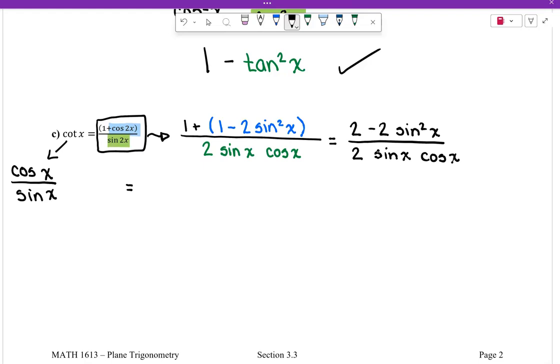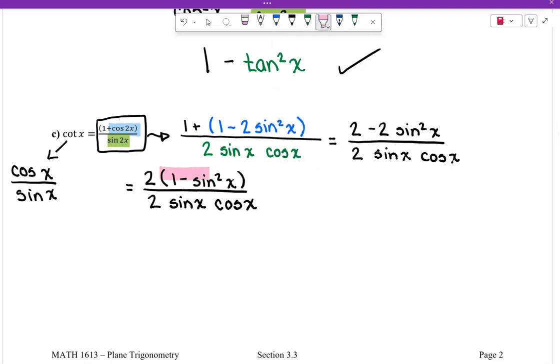Equals, well, we have 2 2's on top, so let's factor those out. So we're going to get 1 minus sine squared x all over 2 sine of x cosine of x.